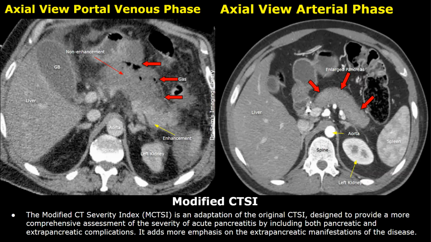Later on, a modified CT Severity Index was created. It was more accurate in evaluating the severity of pancreatitis. We will be looking at the newer modified CTSI instead of the old one. This includes both pancreatic and extrapancreatic complications.